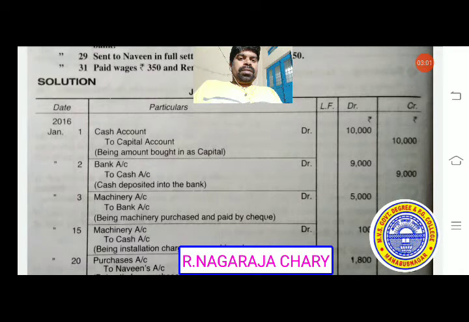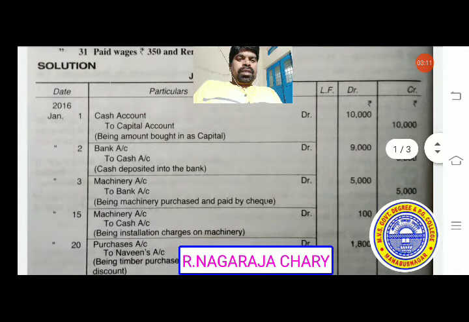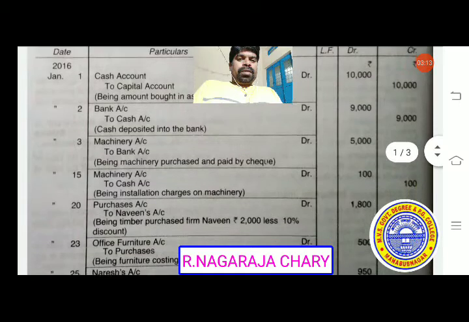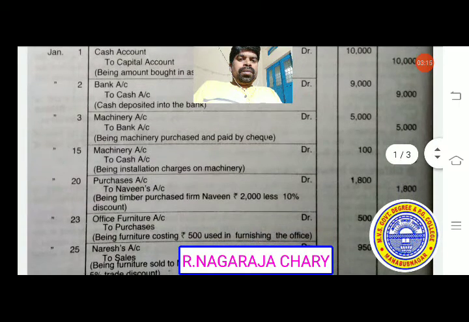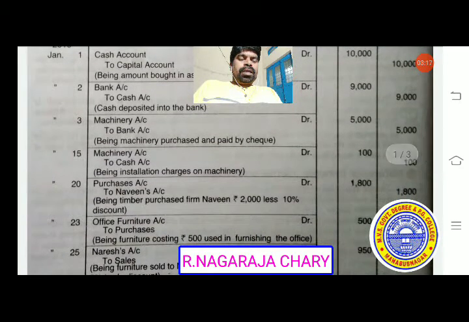In this case we have to prepare a number of accounts. Let us see one by one. Cash account first, capital account, bank account, machinery account. Of course cash and bank come again, so we have to prepare them only once. Each item should have a summary, so that is why a machinery account.